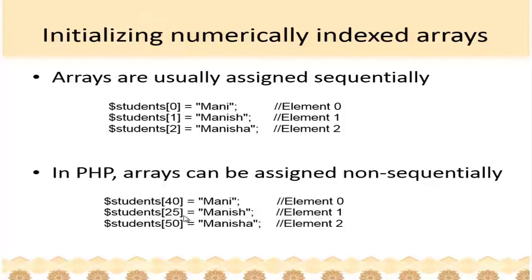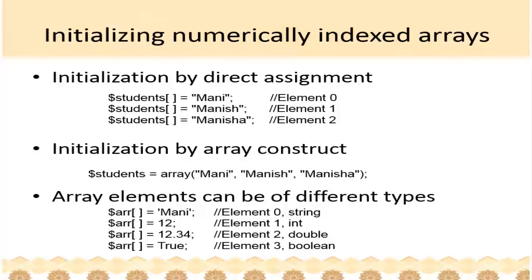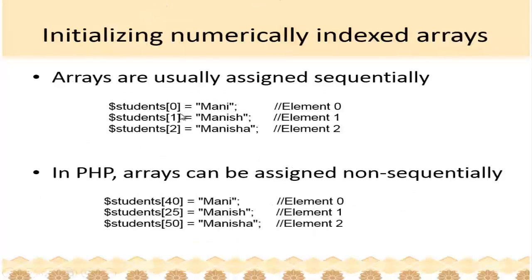Again, if you really want to specify the indices for the arrays, you can do that. I can declare a student array and then supply an index 0, 1, 2, 3, and I can supply the value. So what's the difference between writing this statement and that statement?